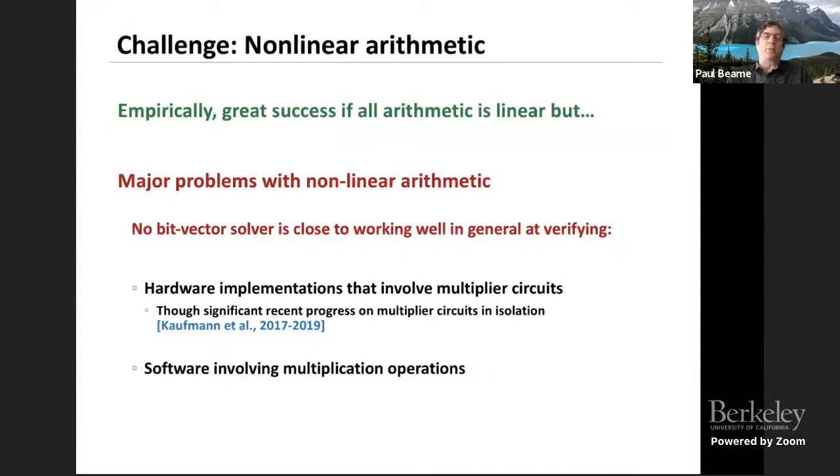But there have been major problems with nonlinear arithmetic, and no bit vector solver is even close to working well in general at verifying hardware implementations that involve multiplier circuits or software that involves multiplication operations and pretty much anything else. Though in parallel with some of the work that I'm talking about, there's actually been significant recent progress on verifying multiplier circuits in isolation.